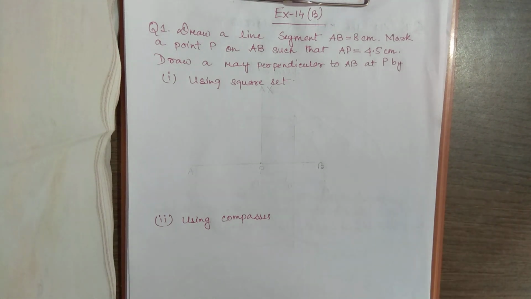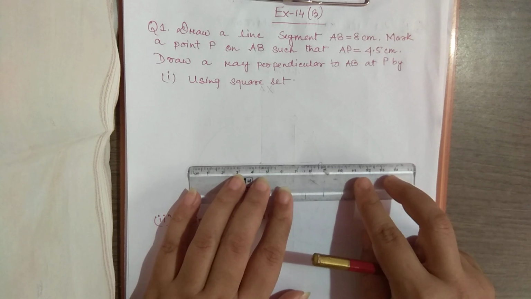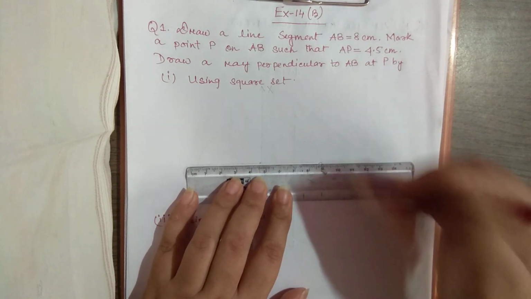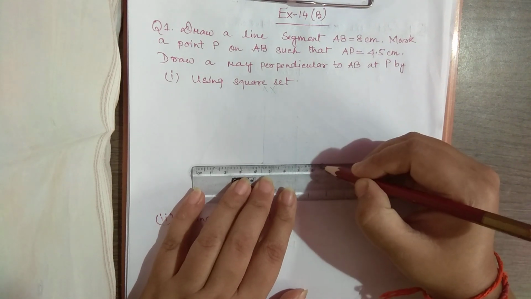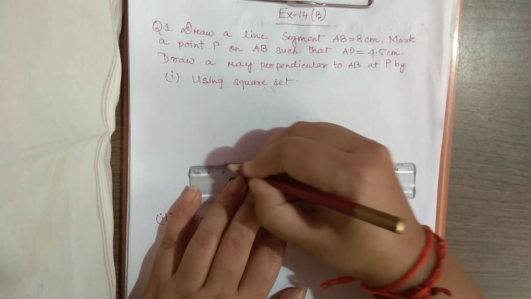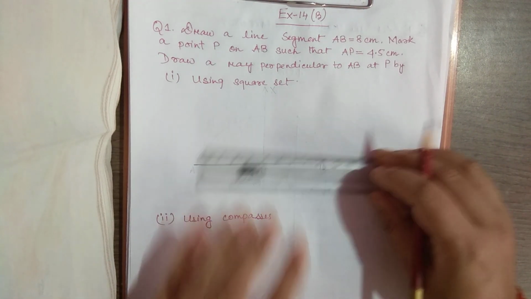First step is, let us draw a line segment of 8 cm. So here I am drawing the 8 cm line segment. An 8 cm line segment I have drawn.